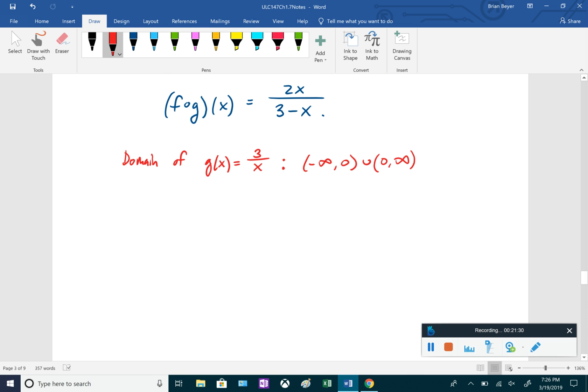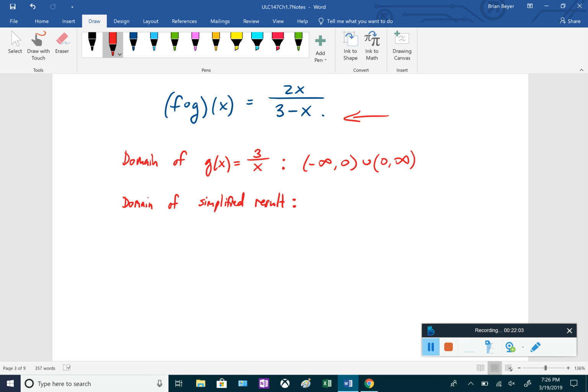And then we also have to look at the domain of our final answer, the domain of f of g of x. I'm going to write this a little bit differently. I'm just going to write domain of our simplified result. So that's going to be the domain of that answer that we just got.